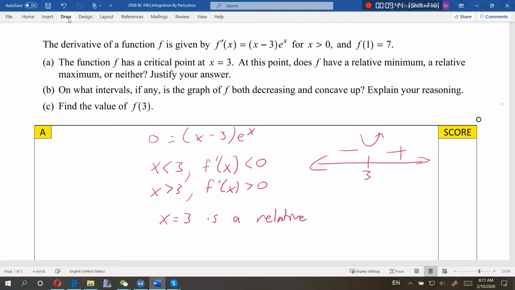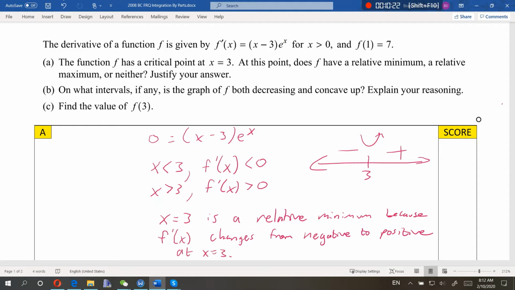Is it a relative maximum or minimum? Minimum. Okay. Any questions on our justification?